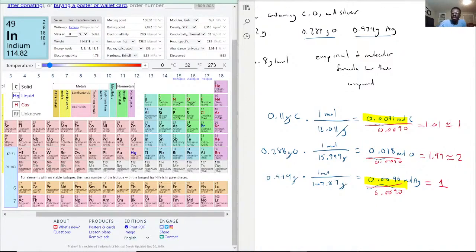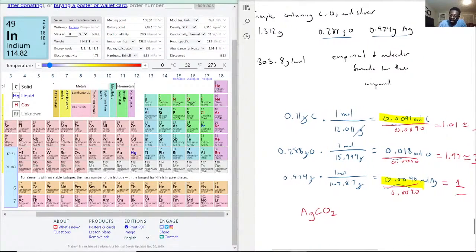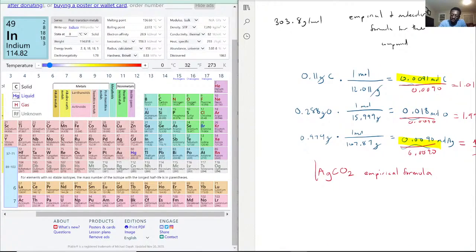So if we write the empirical formula based on these ratios, starting with the metal before the non-metal, we have AgCO2. This right here is our empirical formula, the lowest multiple of it.